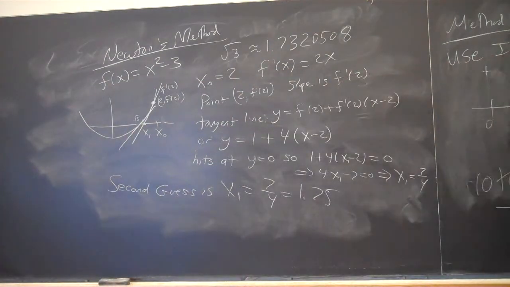When you do this algebra again for the next point, you get 97/56, which is going to be 1.732, 1428.